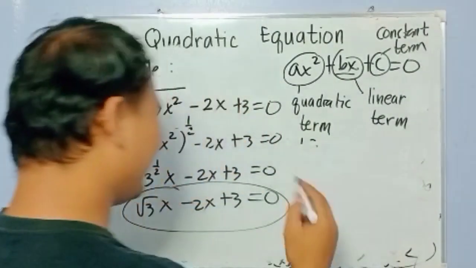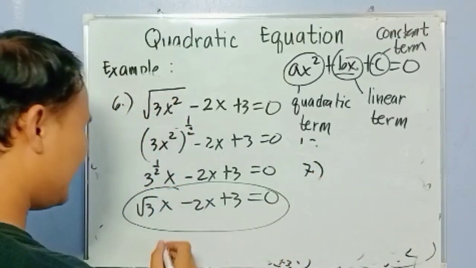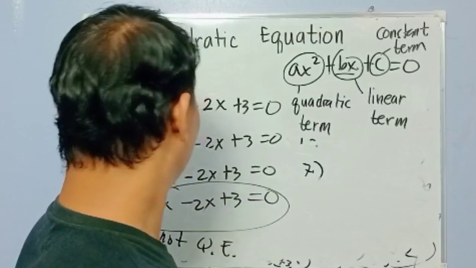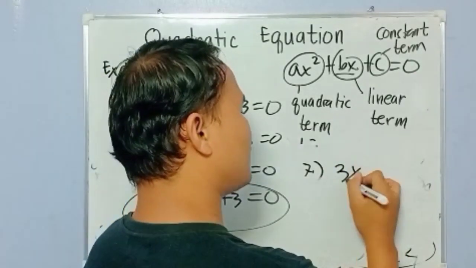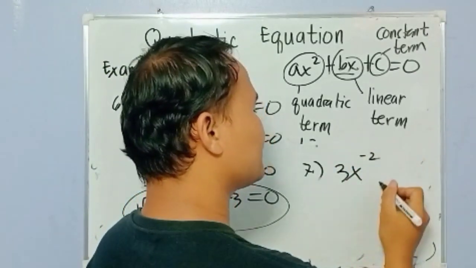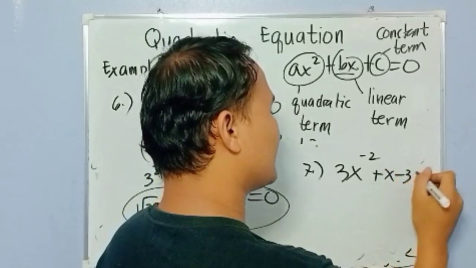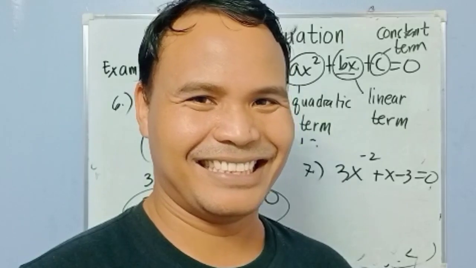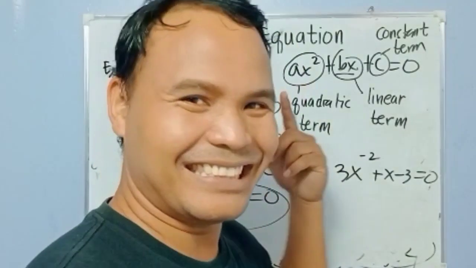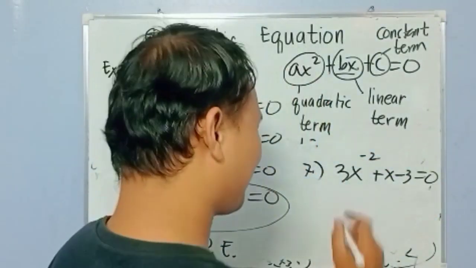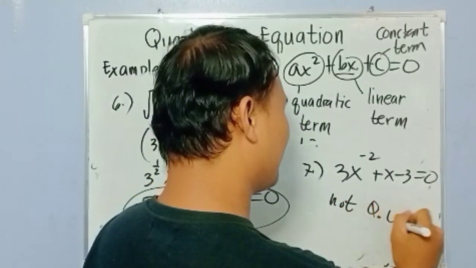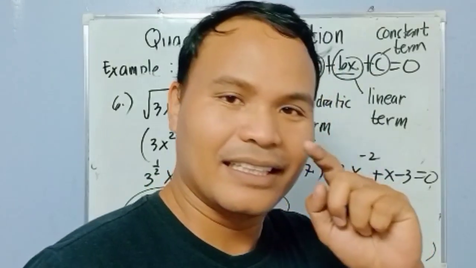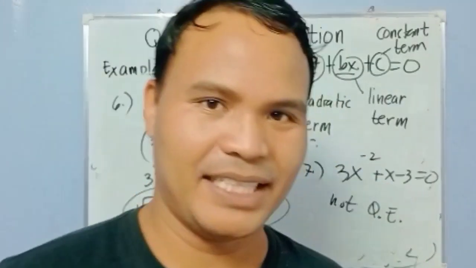Okay? Another example of a non-quadratic equation. I have here 3x to the power of negative 2 plus x minus 3 equals 0. Quadratic equation or not? This is not a quadratic equation. Why? It's because the exponent is a negative number.